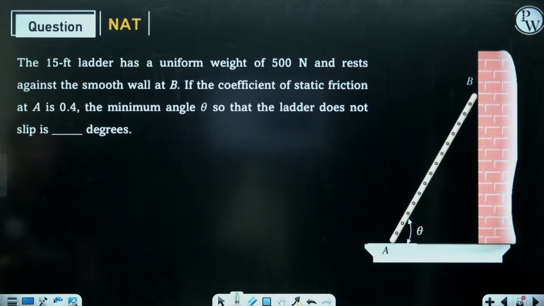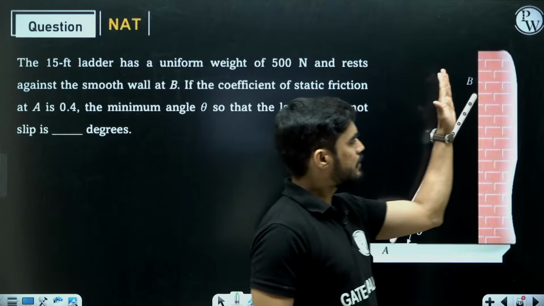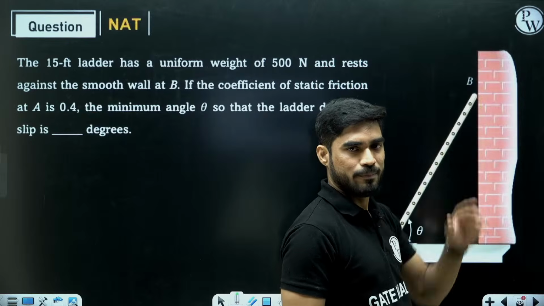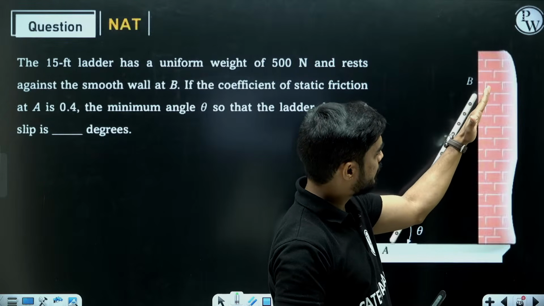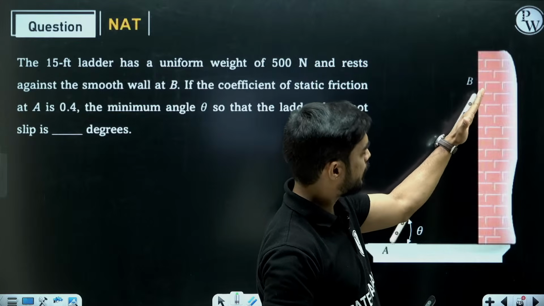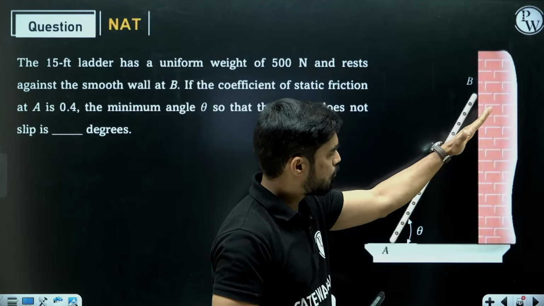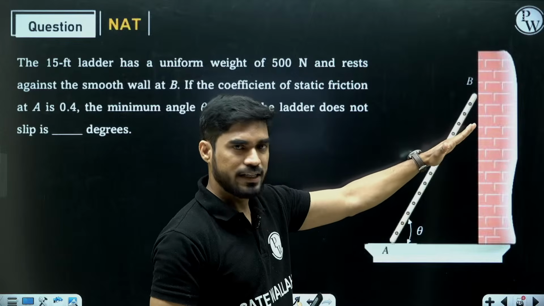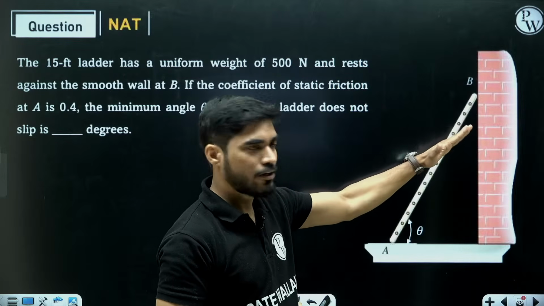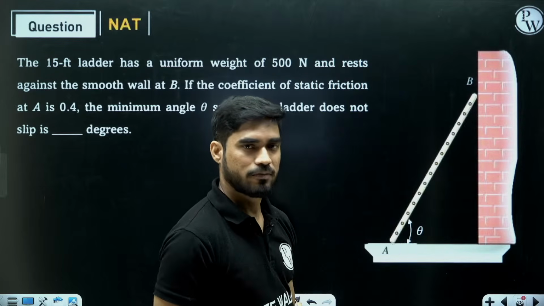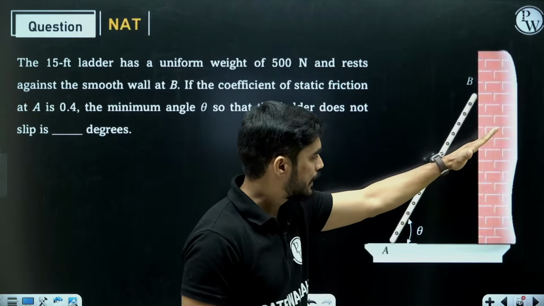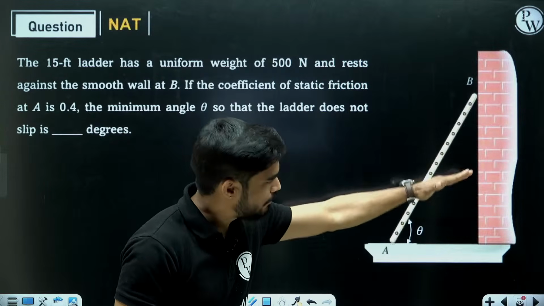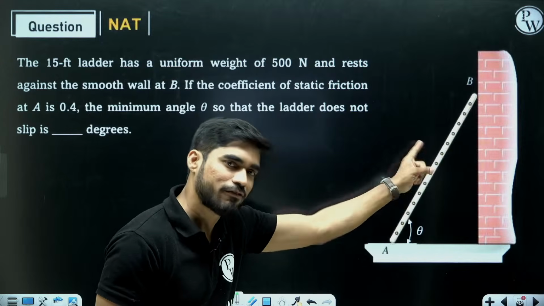See, what is going to happen is, if the ladder is standing, it is not going to slip. Now slowly, if I start decreasing this angle, there will be a point when the ladder will not be in equilibrium, it will fall down. If it is like this, it will not fall down. But if I slowly decrease the angle, there will be an angle after which it will fall down.